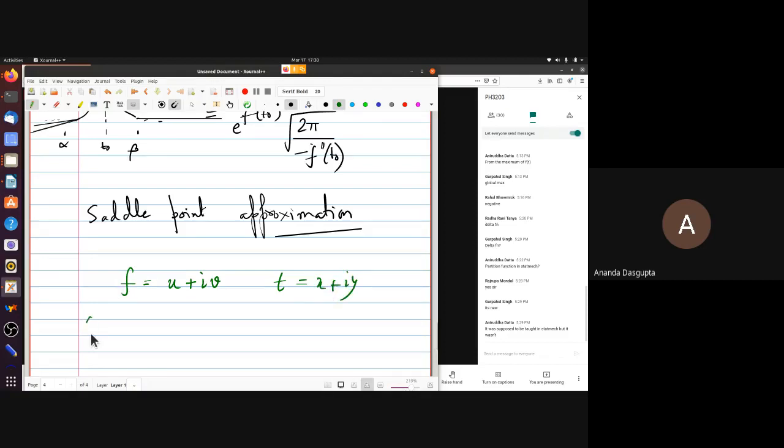And of course, when you say contour, you really mean that x and y are both given as functions of some common parameter tau. As tau changes, x changes and y changes, so you get a point which moves on the complex plane. So t, which is x plus iy, is actually parametrically defined by this parameter tau. As you change tau, you go along the contour.